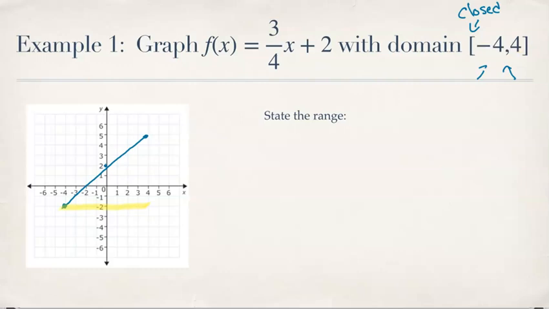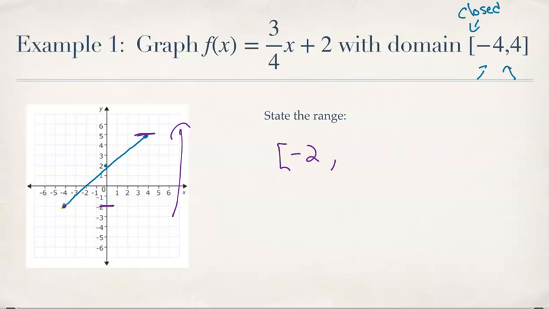Now let's look at the range of this function. The domain goes from left to right, but the range goes from bottom to top. So we're going to go from bottom to top, and the lowest I go is -2, and because this is a closed point here, that's inclusive, so we're going to close it. And then it goes all the way up until it hits 5.